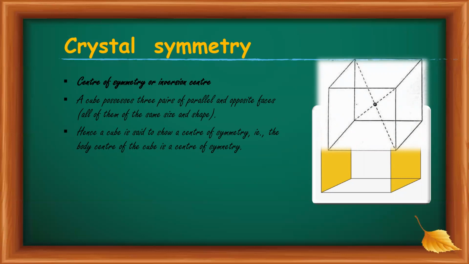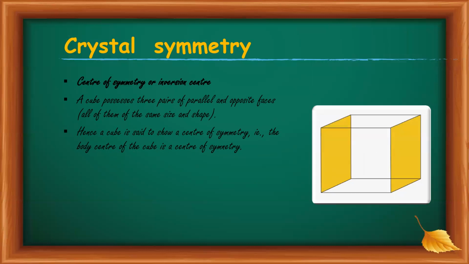If we draw two body diagonals, they will intersect at the center.